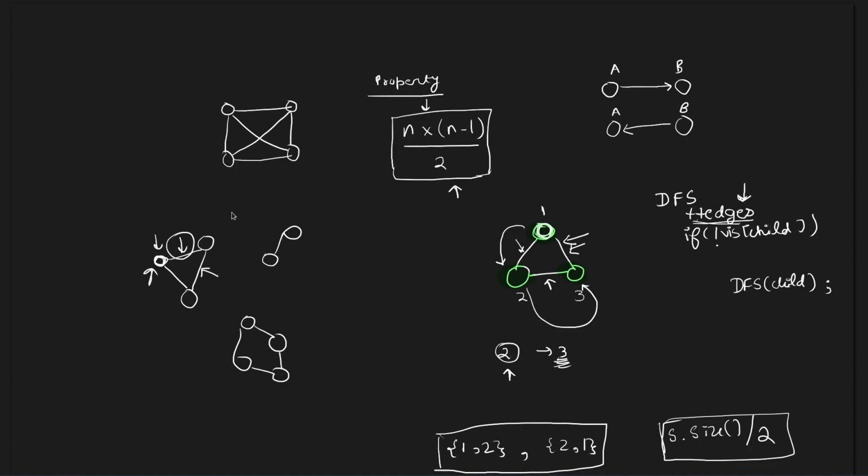So they say we have to find the number of good components in a given undirected graph. According to them, a good component is one where all of the vertices are connected to each other. Now we know from the property of an undirected graph that if there are n vertices, there should be n into n minus 1 by 2 edges for such a component to be a good component, right? We can easily count the number of vertices in a graph.